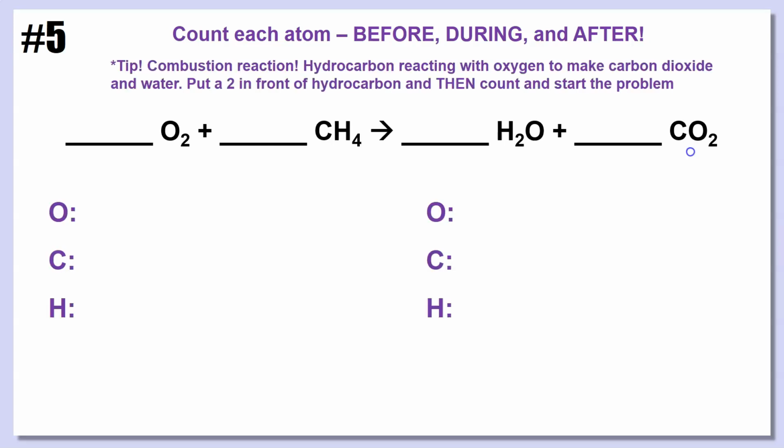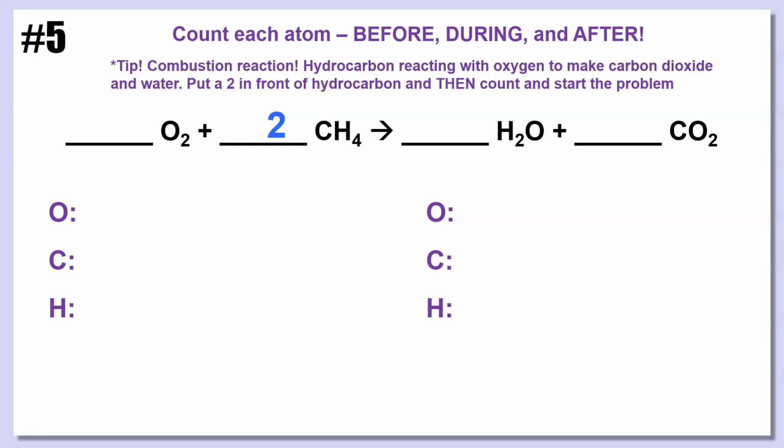So just a tip, if you remember from earlier in the PowerPoint, I suggest that when you have a combustion reaction, to make your life easier, to make things balance faster, to force these to be even numbers, which is easier and faster for our brains, what you're going to do is put a 2 in front of your hydrocarbon before you balance, okay?